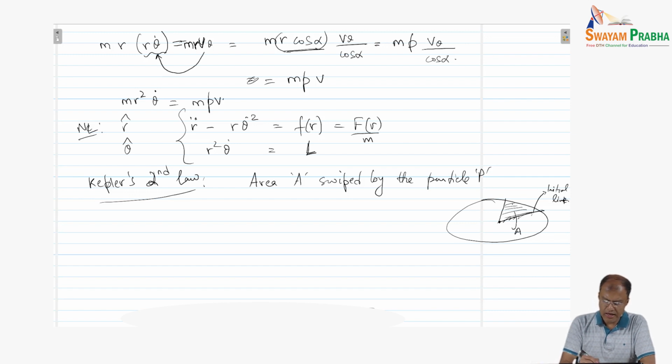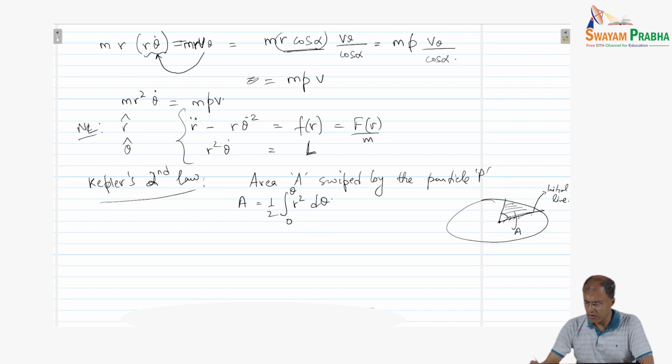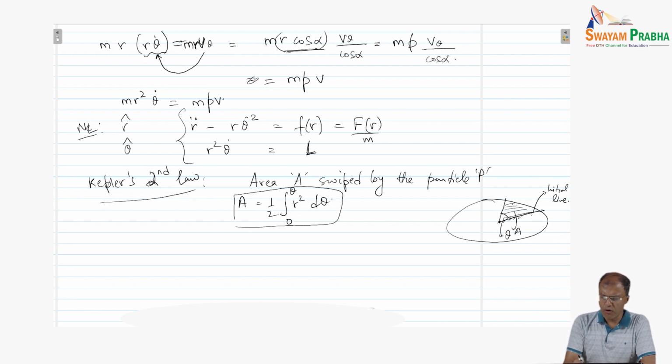So the area A swept by the particle P is given by A equal to the integral of r square d theta, theta from 0 to some value theta. Let me call this the subtending arc angle theta. This is the regular formula for the area of a sector, so area is half r square d theta.